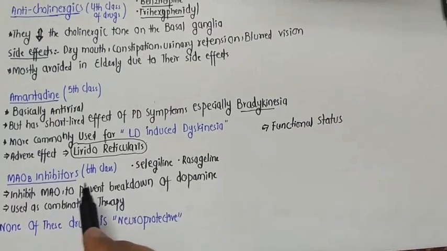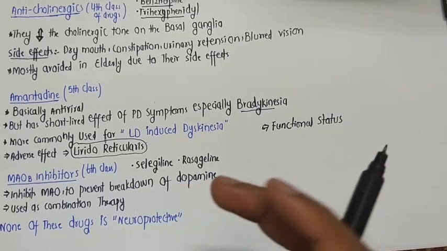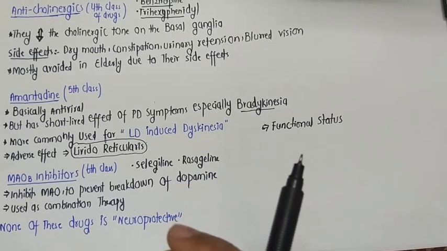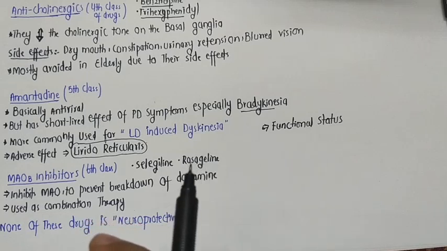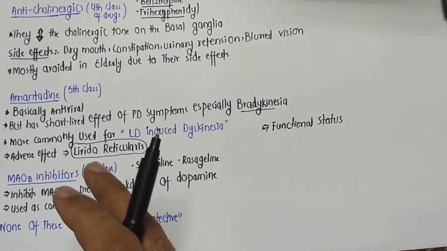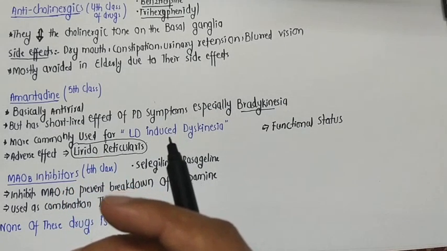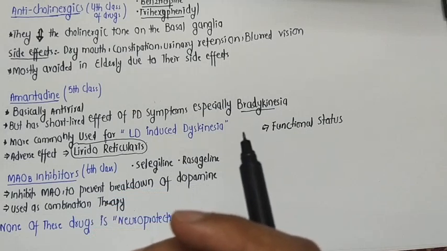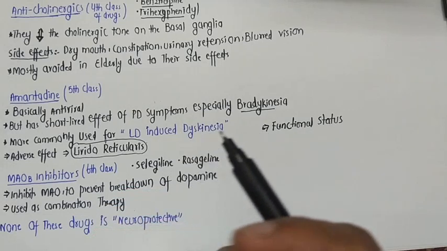Now that we have discussed all six classes of drugs used in the treatment of Parkinson's disease, and we know that none is neuroprotective or changes the course of the disease, these drugs are used only for symptomatic treatment. But a question arises: how will you decide which drug to use as initial therapy?